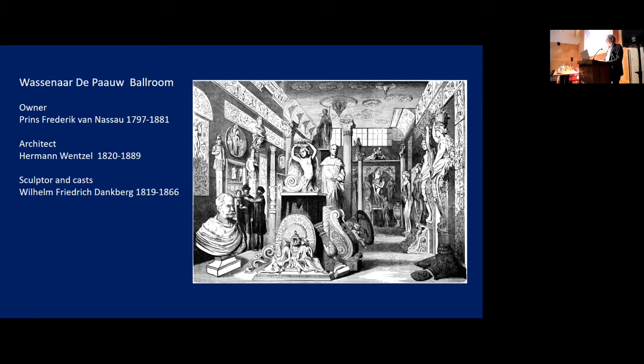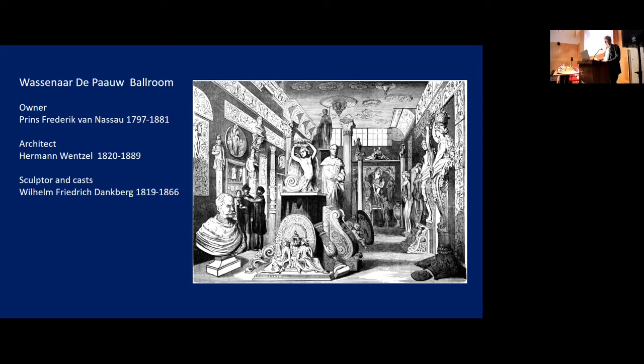So he asked Herman Wenzel, an architect from Berlin, to come to Wassenaar, and enlarge the country house's ballroom and some other rooms, and asked him also to decorate the interior.